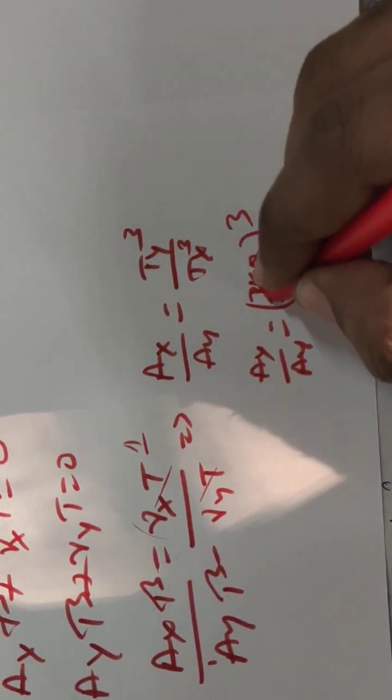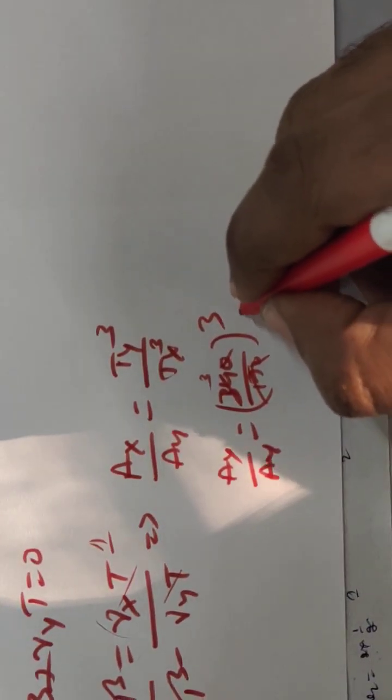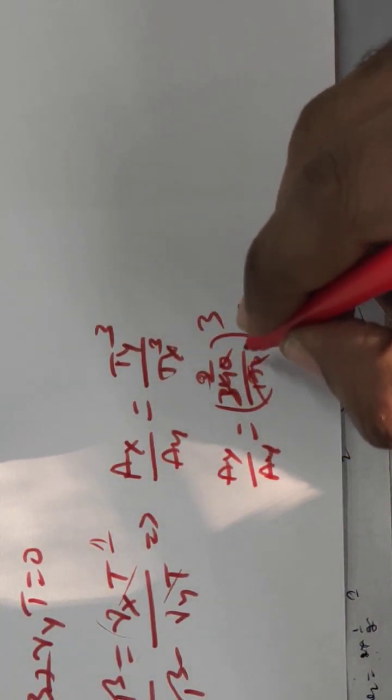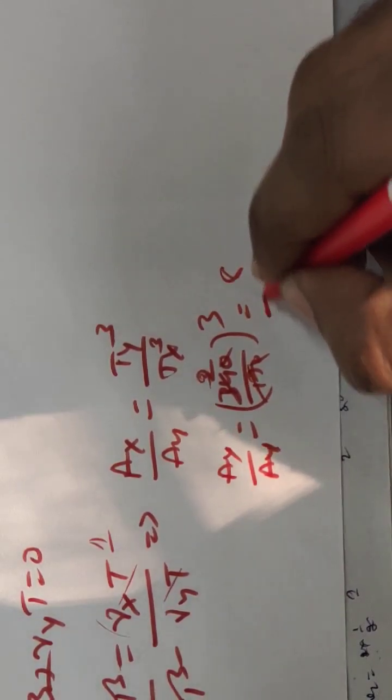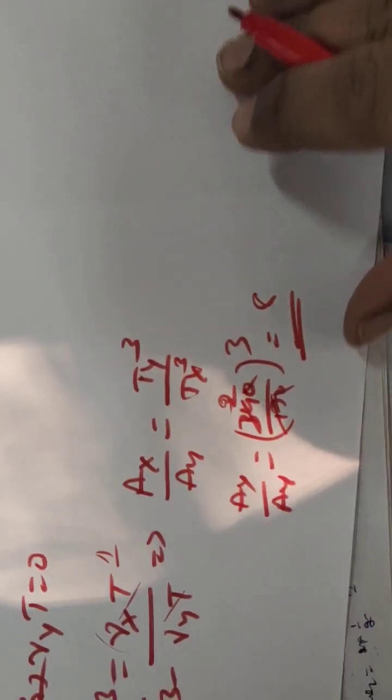The zeros cancel, 17 threes are 51, so 17 twos are 34, and 2 cube is 8, so it is 8. So option D is correct.